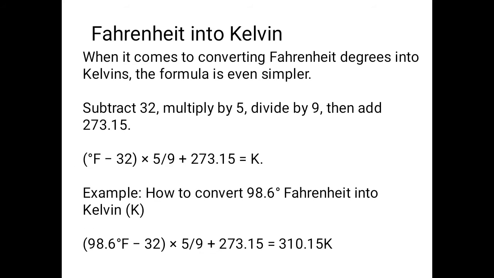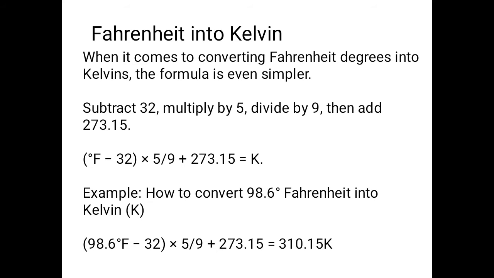Fahrenheit into Kelvin. When it comes to converting Fahrenheit degrees into Kelvins, the formula is even simpler. Subtract 32, multiply by 5, divide by 9, then add 273.15.